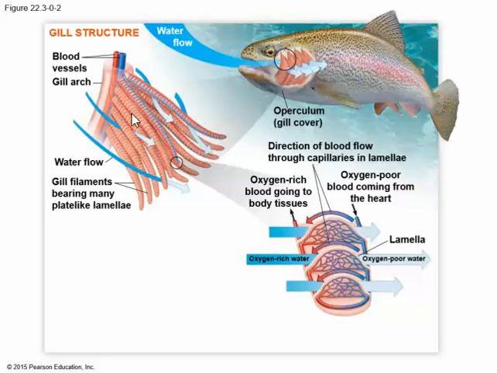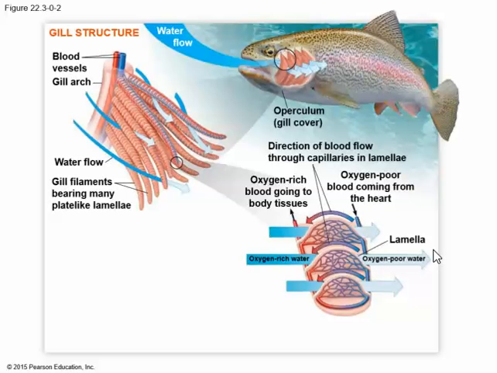All right, so the water flows this way, okay? So as the blood flows the other way. So it's countercurrent. The water is flowing, the blood flows in the opposite direction, as you can see here. So as oxygen-rich water passes through the gills, oxygen-poor water leaves the gills.